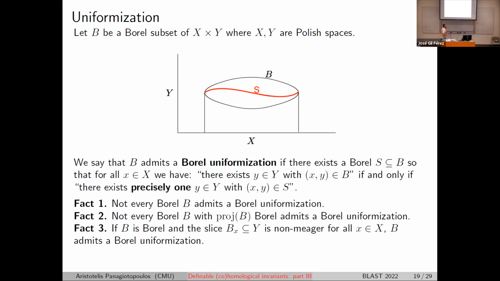The reason why this is the case: assume that the vertical space is the Baire space, and look at the fiber. A fiber will be some set, not necessarily closed, which is non-meager. If it is non-meager, you can construct a tree. What's the tree? It's the tree with the most heavy branches. You put a vertex here, and say this vertex belongs to the tree if everything below is non-meager.